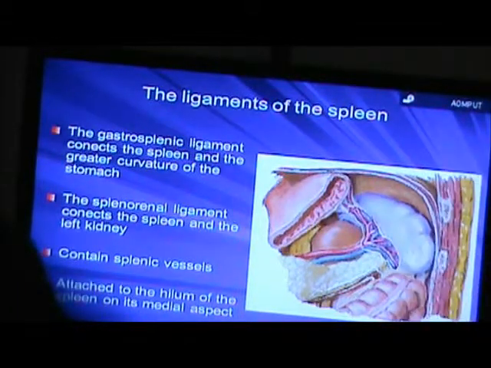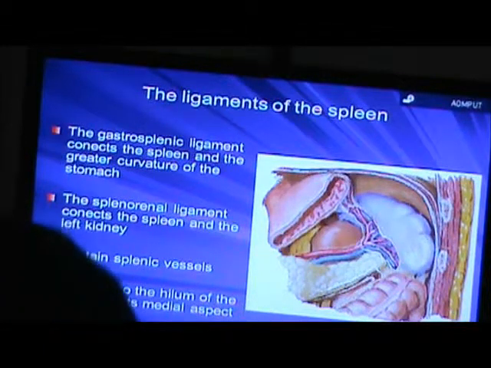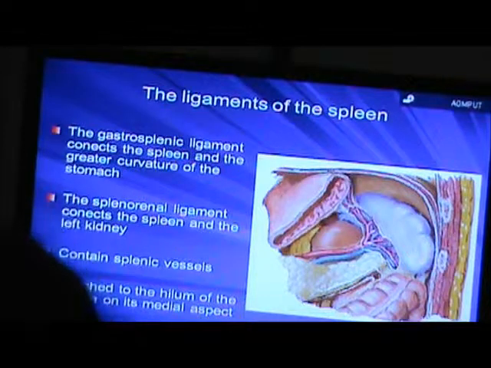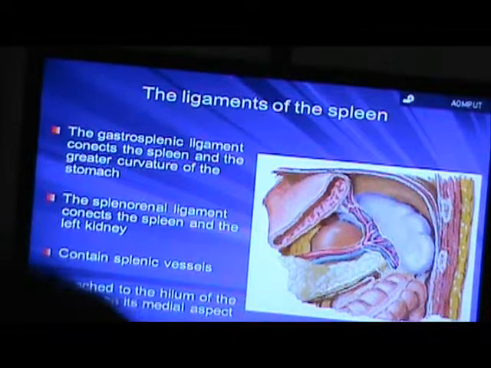These ligaments contain the splenic vessels and they attach to the hilum of the spleen on its medial aspect. And remember about this phrenico-colic ligament, which normally doesn't belong to the spleen, but it supports the spleen in a correct position.